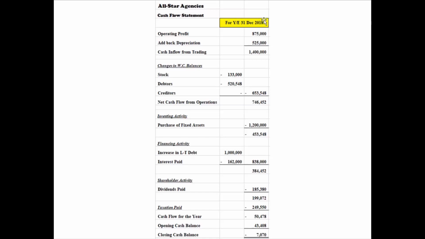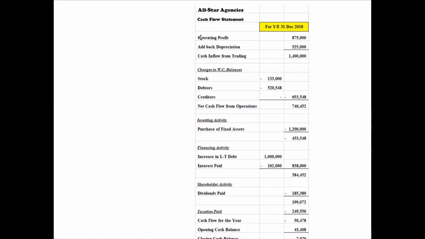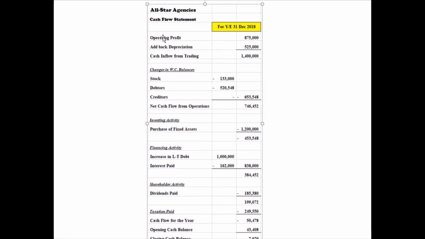So here we are in 2018, and notice what the first items are here. They are operating profit, add back depreciation, cash flow from trading. So we did that. The next items here are changes in working capital, and there you see those numbers that we calculated in the balance sheet from one year to the next.